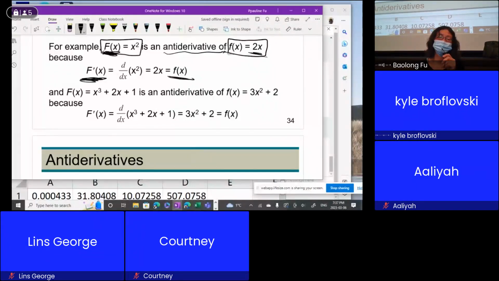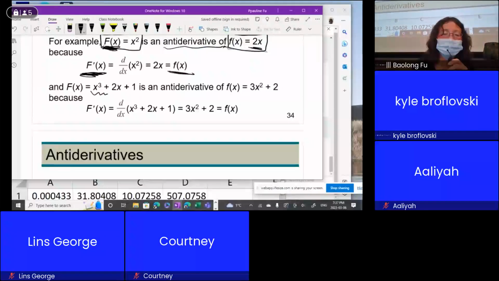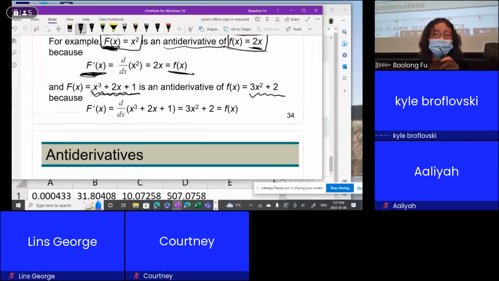Okay. I'll give you another example. If you take the derivative of this function, what would you get? You'll get 3x squared plus 2, right?